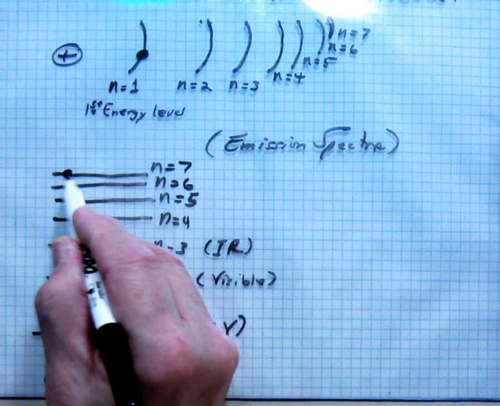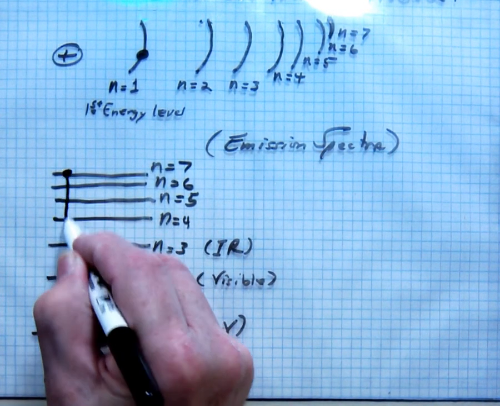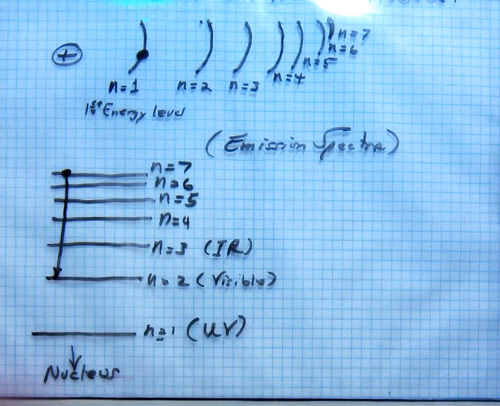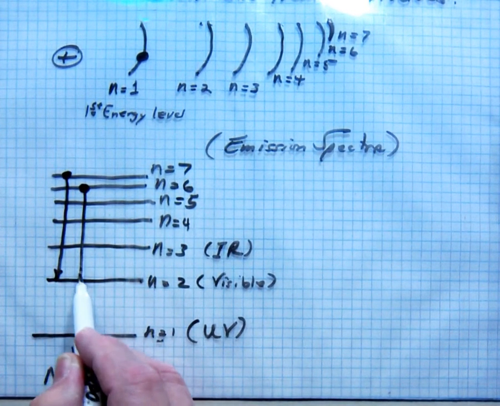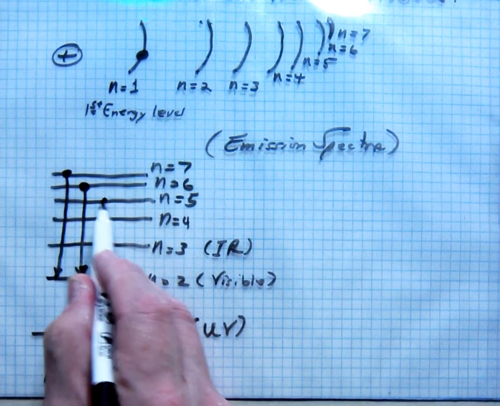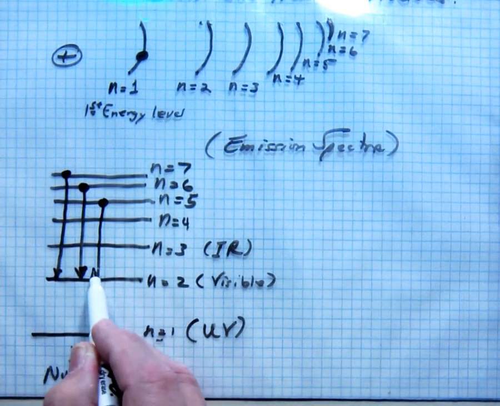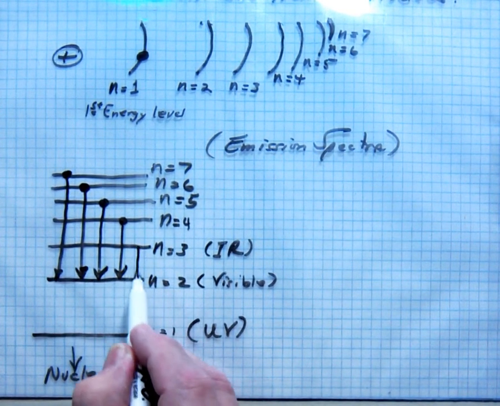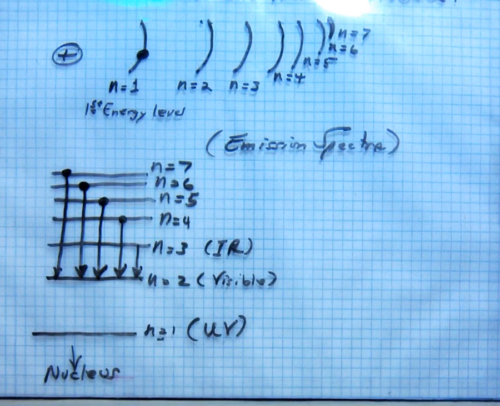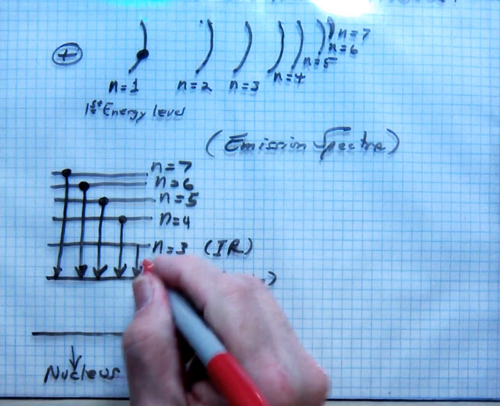The electron probability of going to 7 means that it's going to fall back down to n=2, like that. When it does, it gives off energy. Or, case 2, the electron goes out to number 6 and falls down to 2. And here's a 5 to 2 transition, and a 4 to 2 transition, and a 3 to 2 transition. Well, it turns out that the 3 to 2 transition is a red line.